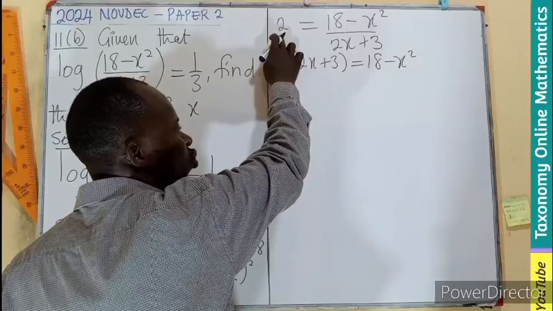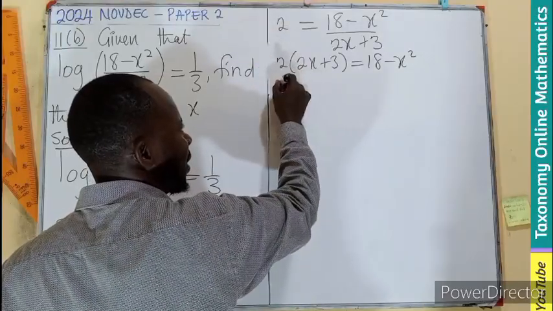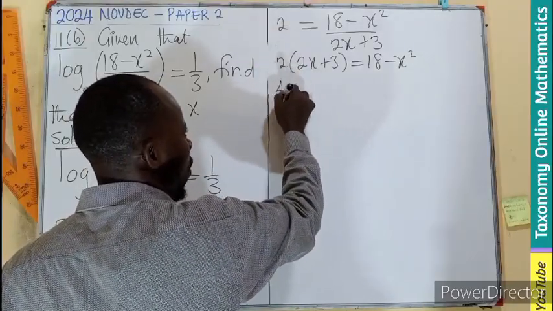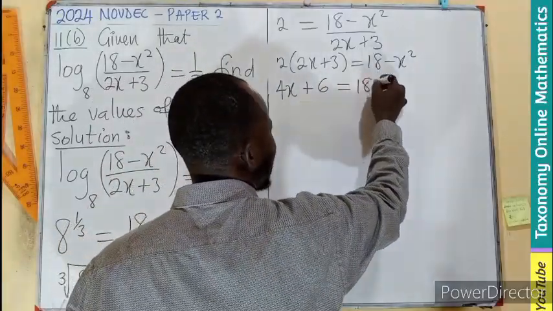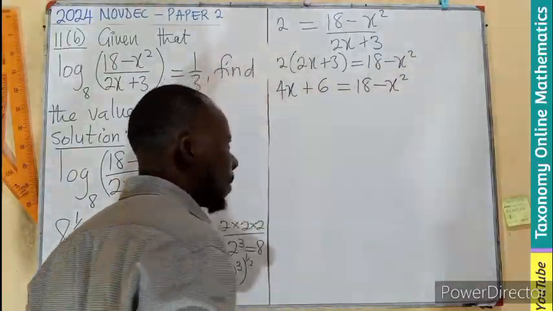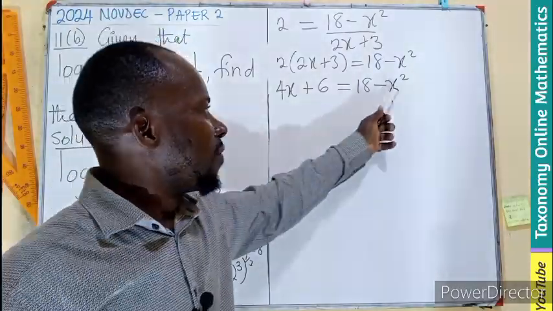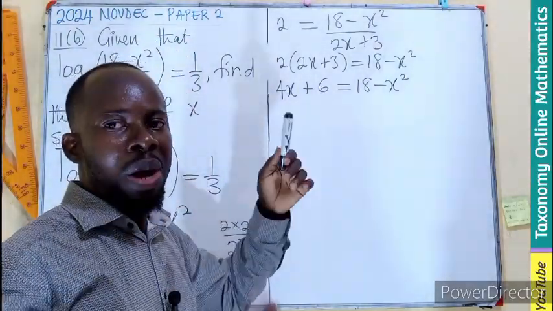When you expand, you should be having 4x plus 6 equals 18 minus x squared. So this becomes variable square, variable, constant: quadratic.